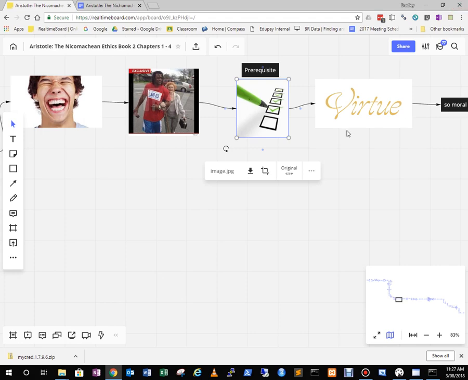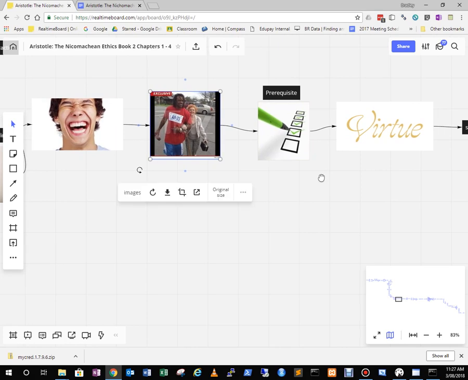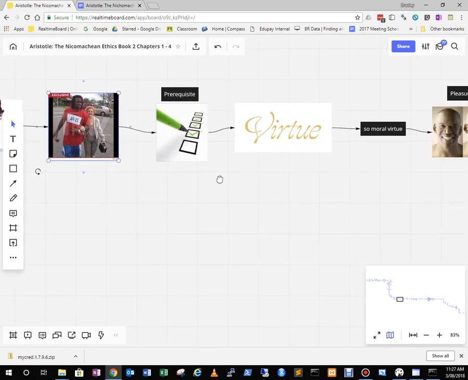So therefore, I must engage in that particular behavior of moral virtue, because that's what reason is telling me to do. I must perform this virtuous behavior really well. And because it's my internal human function, I will find joy in doing it because it is what I am supposed to do. All right.